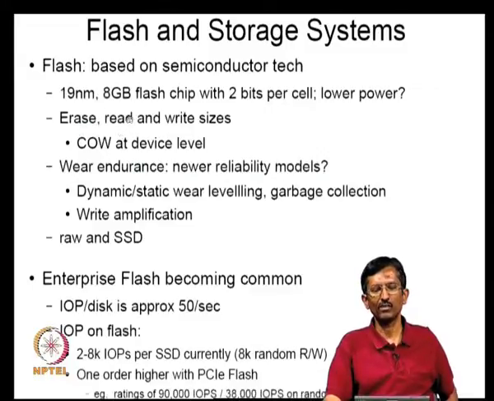For example, in many more recent systems, read can be at 4K level, write can be at 16 or 32K level, and erase can be, let's say, 256 or 512 kilobytes, those kinds of ranges.